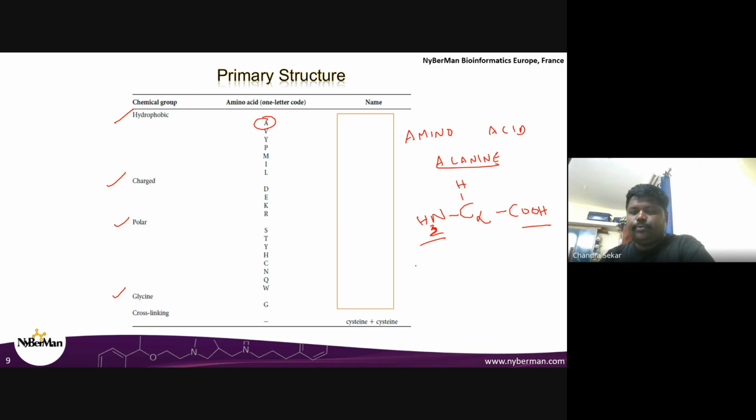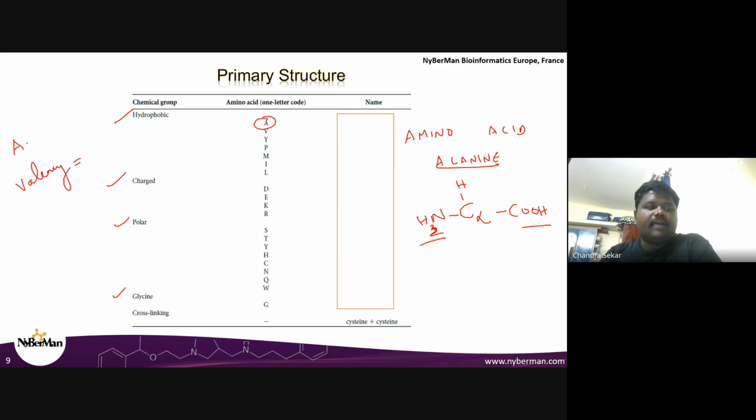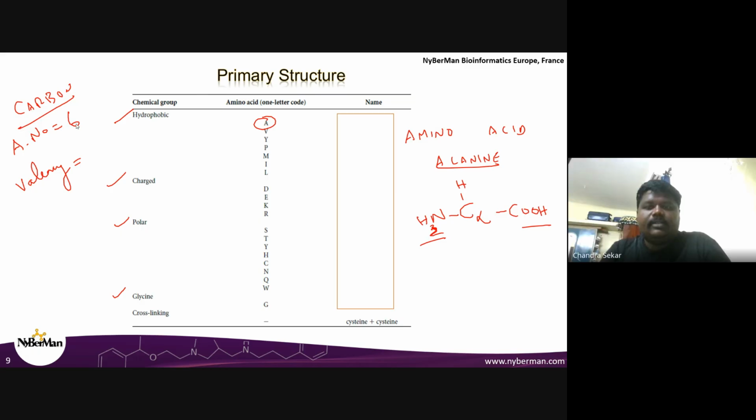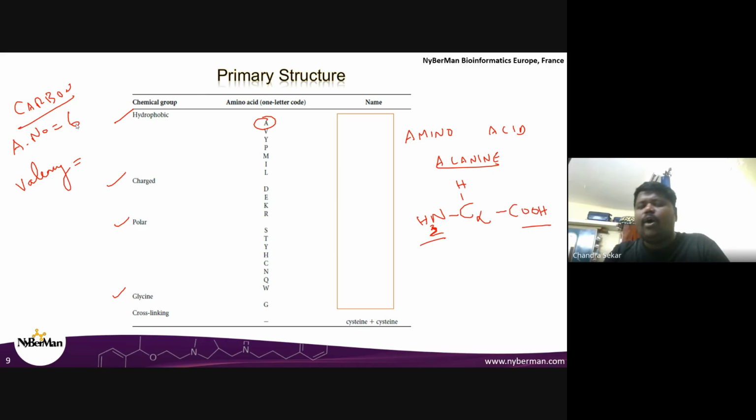And the fourth group: what is the valency of carbon? What is the atomic number of carbon? 6. Very good. So the number of valence electrons in carbon is 4.